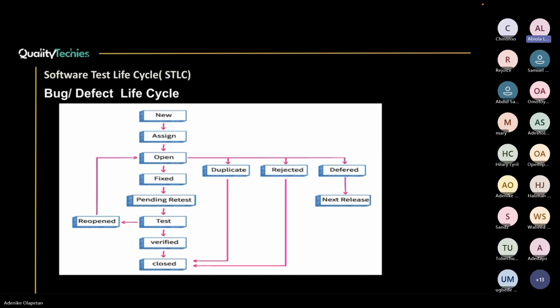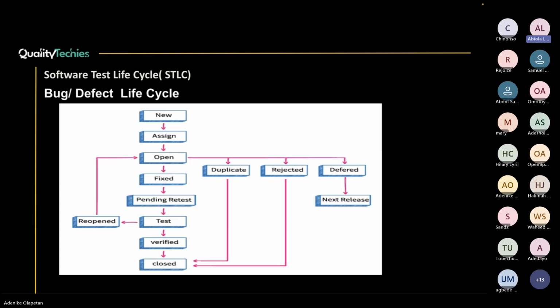Now, when you see the arrow travels down from New. When you find a bug, say I want to add a user successfully, and immediately you see that you cannot add that user. Probably you put in your name, age, date of birth, all the details of the user, you submit, and nothing happens, or maybe an error is flagged.